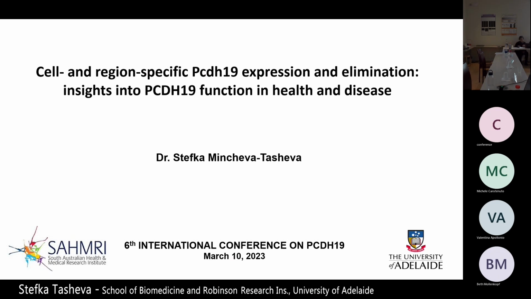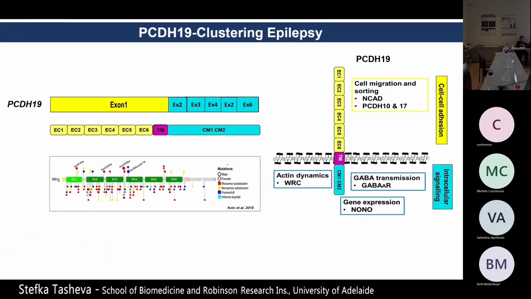So, as my colleagues already introduced the topic very nicely, I'm not going to spend much time on the background, but I really want to mention some aspects that will be relevant to the rest of my presentation. Particularly, the PCDH19 gene, as you know, is a large gene that consists of 6 exons, and exon 1 is the largest one, and the majority of the mutations that cause the disease phenotype are found clustering in exon 1.